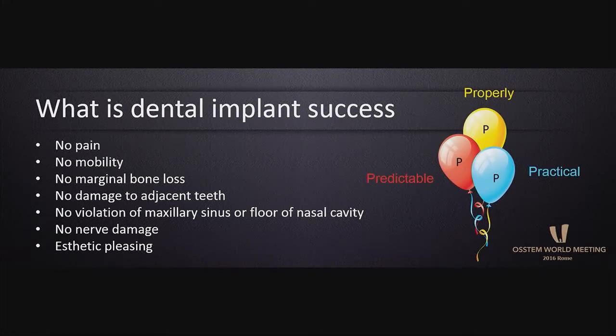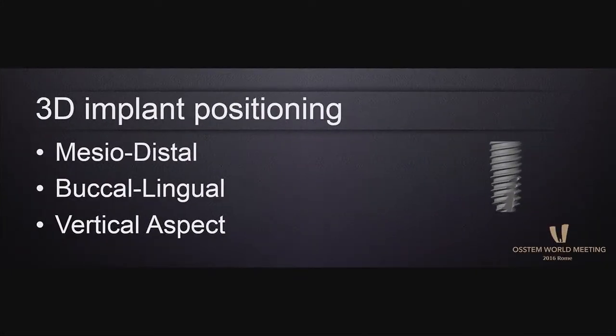In order to provide all these success criteria, the implant must be placed in a proper position, the treatment success should be predictable, and moreover, it should be easy and practical for all practitioners. The 3D implant positioning concept provides a proper implant position.